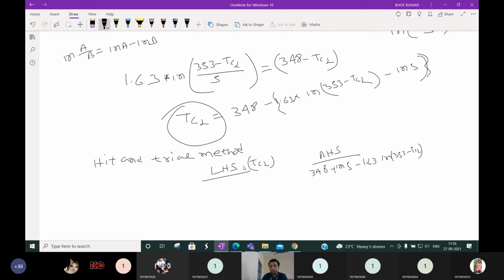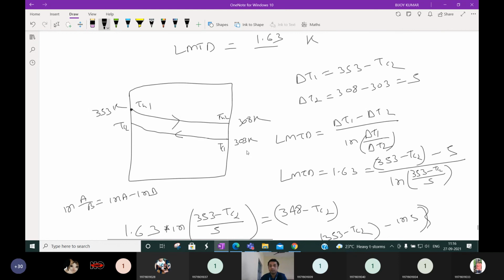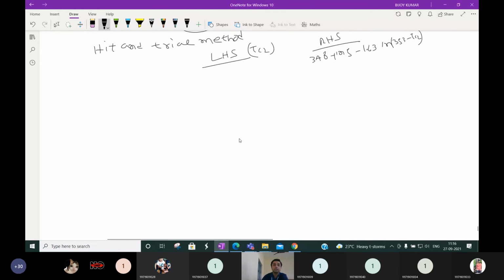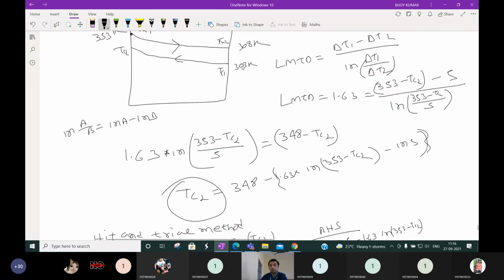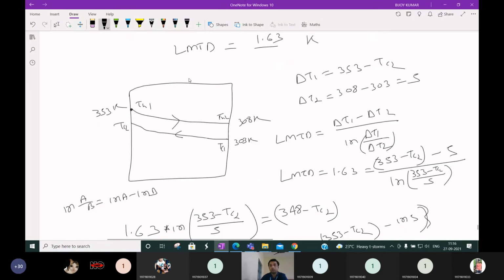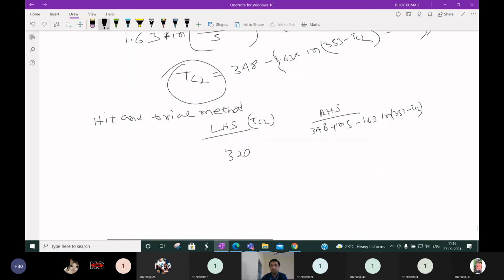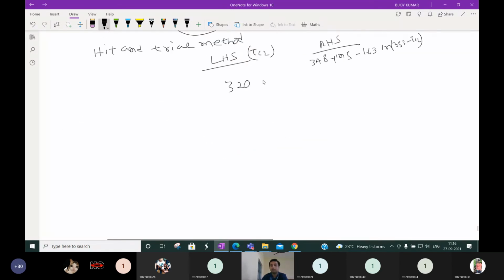Okay. So let us take a TC2 value. The TC2 value will always be greater than 303 and smaller than 353. Suppose 322 Kelvin.